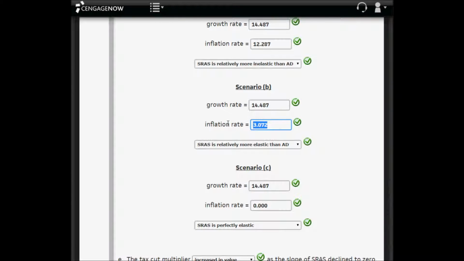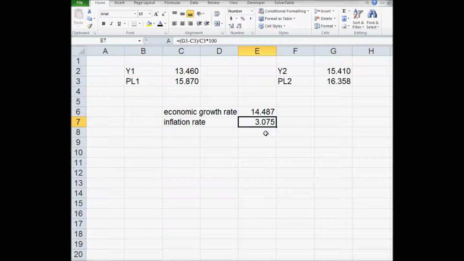Initially I inserted 3.075 here. I needed to change it to 3.072 because when I calculated the inflation rate for scenario B, I got 3.075. That is wrong. And the reason why it's wrong, according to Cengage, is because the price level initially wasn't 16.358.